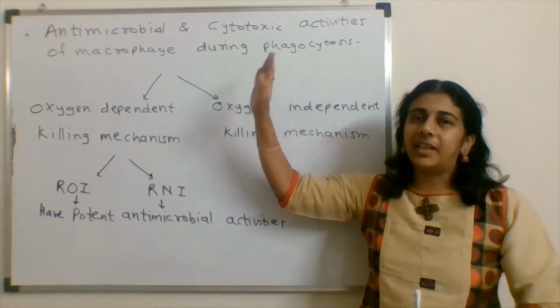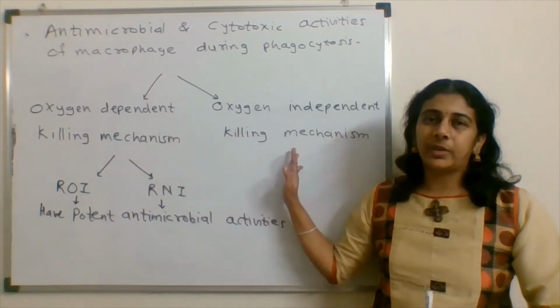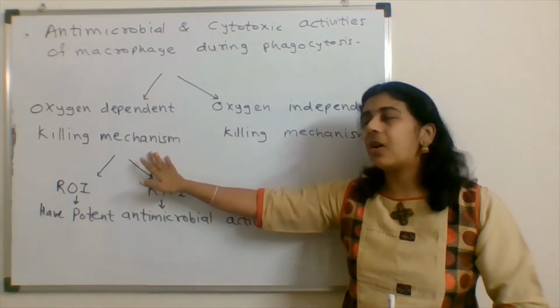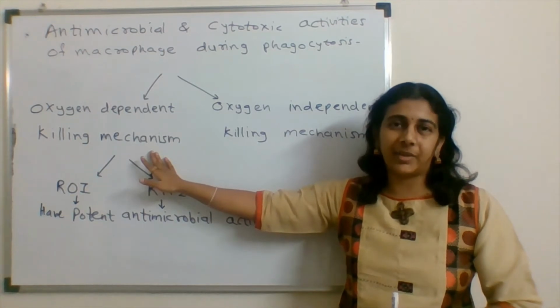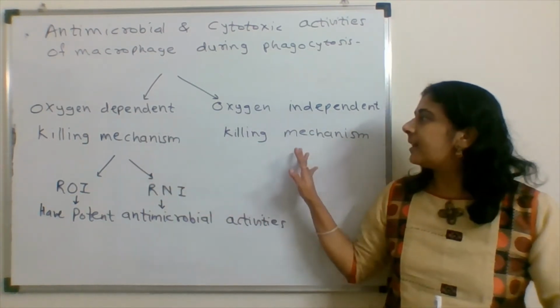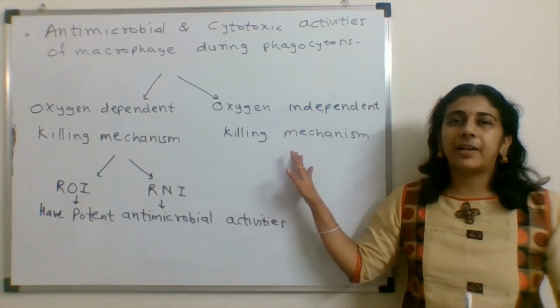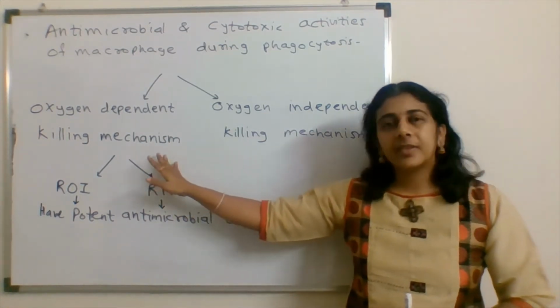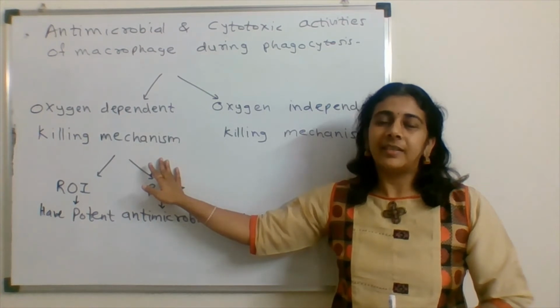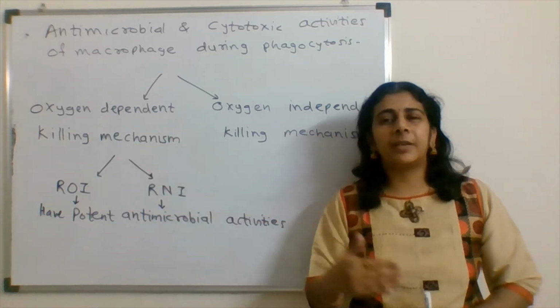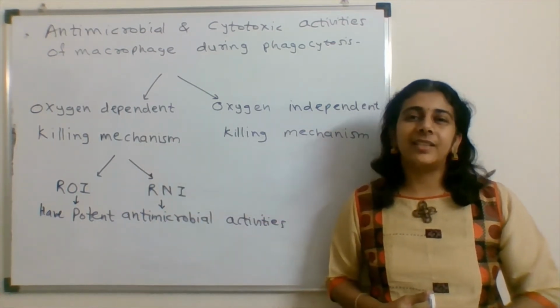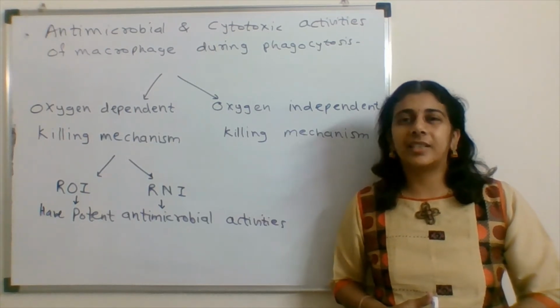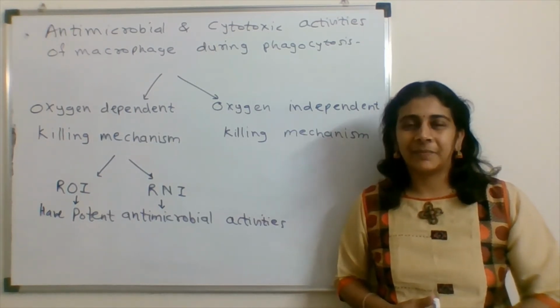Now this activity is divided into two types. One is an oxygen dependent killing mechanism and another is an oxygen independent killing mechanism. Starting with the oxygen dependent killing mechanism, there can be 3 to 4 ways by which macrophages can do killing activity.